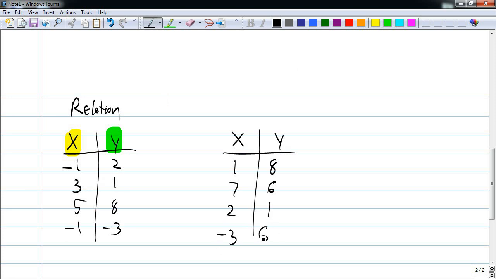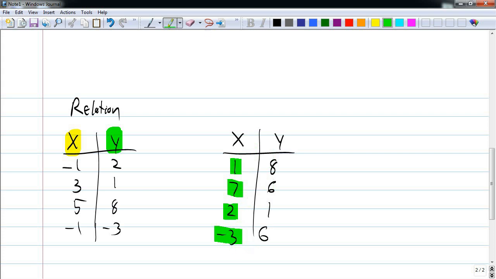If the relation is such that there's only one unique x value for each of the pairings, so that every x is only paired to a single y value. 1 is only paired to 8, 7 is only paired to 6, 2 is only paired to 1, and -3 is only paired to 6.